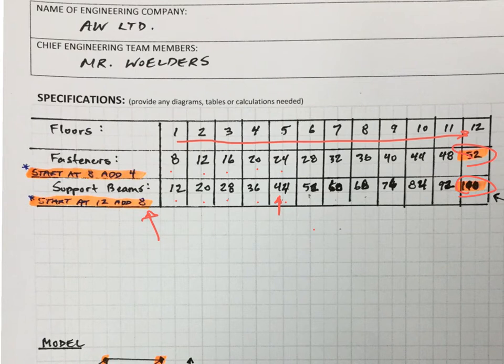So after checking my work, I was pretty confident I was going to need 100 toothpicks and 52 marshmallows. I would have no leftover materials, and I would be able to build this thing no problem. And I could be totally confident to the people I was submitting my bid to that I, in fact, had a really, really good bid.